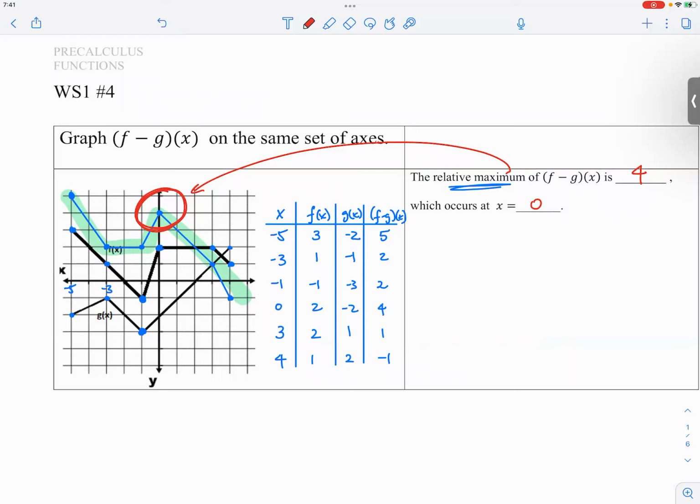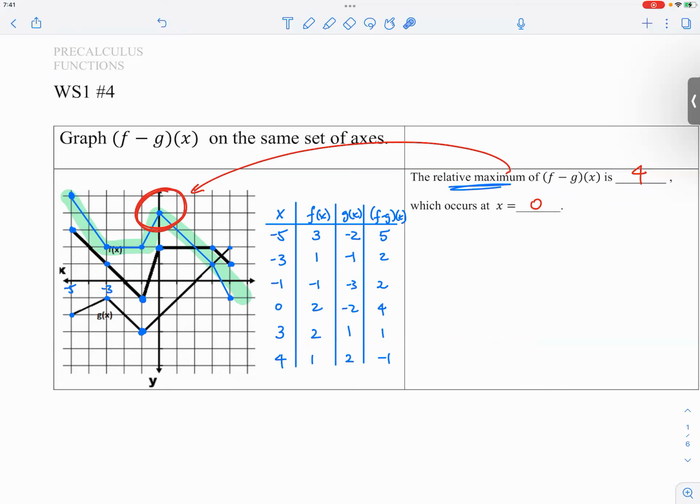Yes? Why is negative 5 not the relative maximum? Okay, good. Now, when we look at negative 5 comma 5, we're looking at this point in particular. This is what we call the absolute maximum, because it is absolutely the highest point of the entire graph.